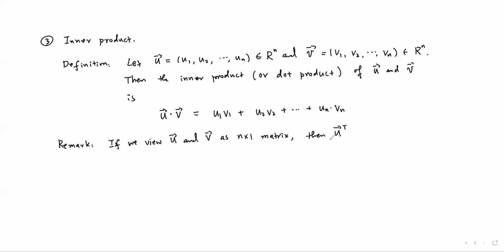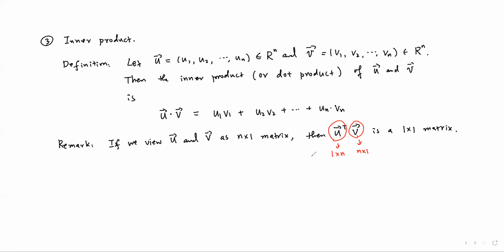Then a 1 by n matrix times an n by 1 matrix. This guy is 1 by n, this guy is n by 1. So the product is a 1 by 1 matrix.